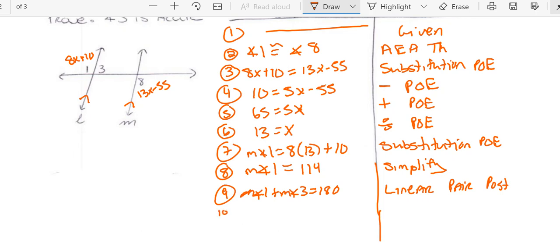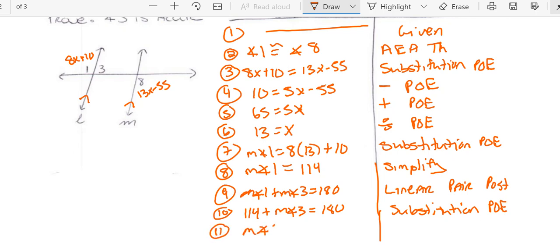Then for 10, angle 1 is now 114. Substitution. Measure of angle 3 equals 66.